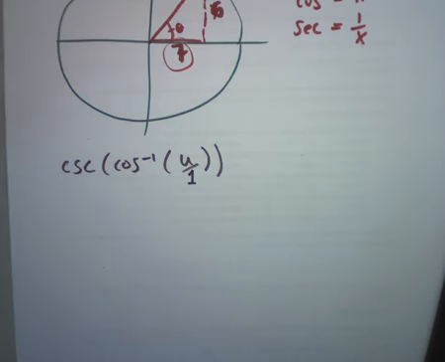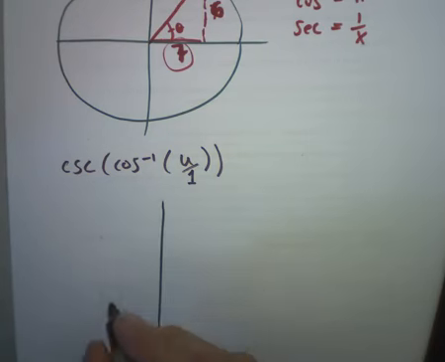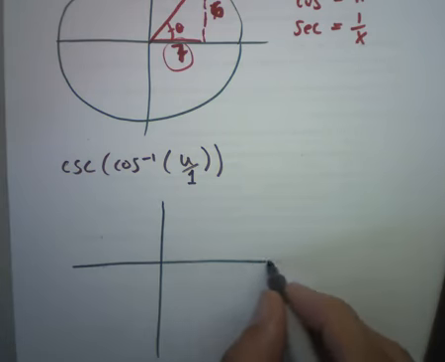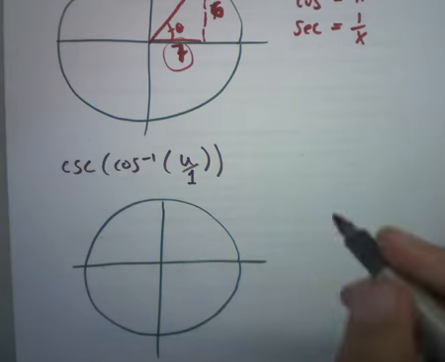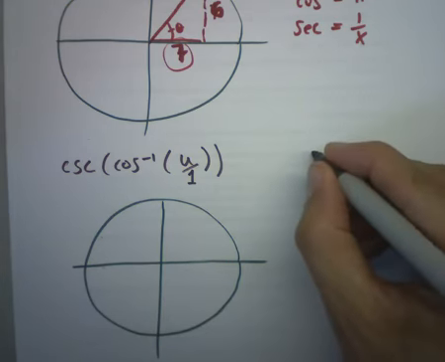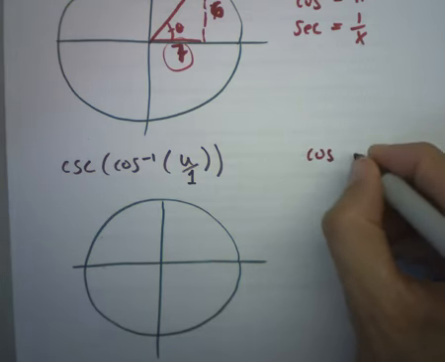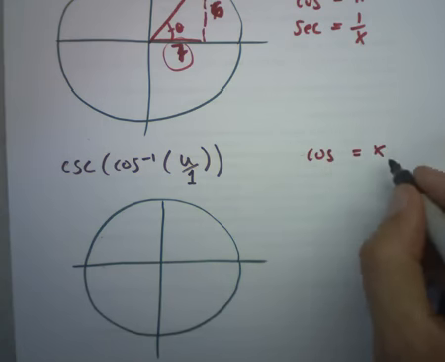And keep in mind as we draw this unit circle, that's a better circle, that cosine is defined to be the x-coordinate.